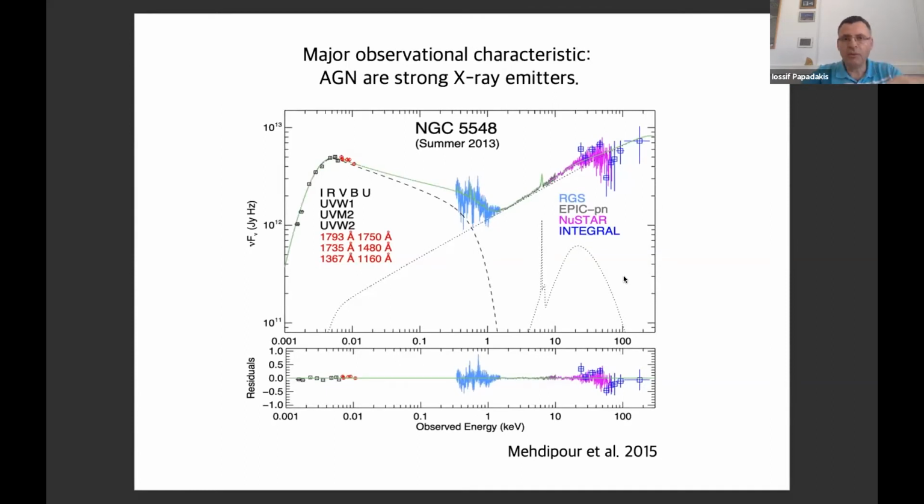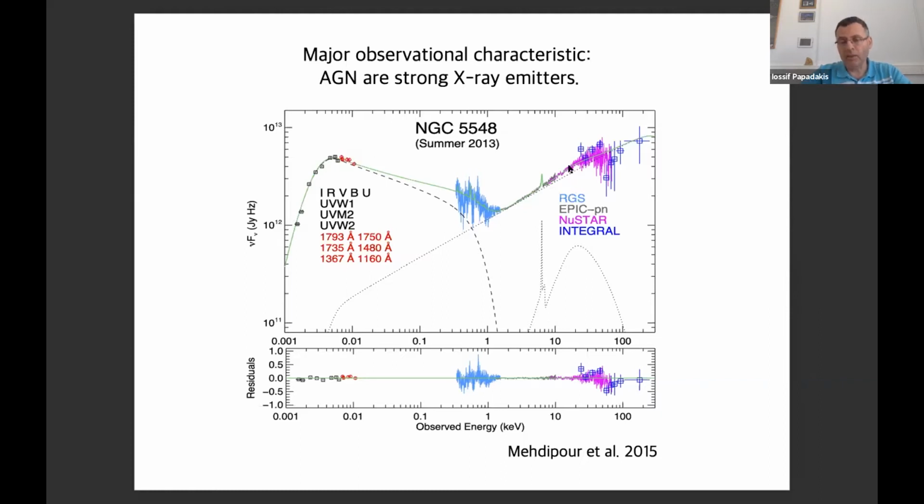They're very strong X-ray emitters, and here I just show you an example. This is the energy spectrum. Here we have energy on the x-axis, and on the y-axis nu F nu, that is power, right? Ergs per second. And you can see most of the power comes here in this part. This is optical, this is UV.